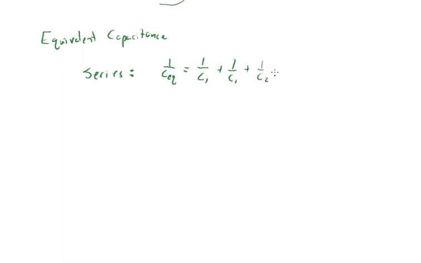And so what this causes is, when you have capacitors in series, like capacitor, capacitor, capacitor, and so forth, however many you have, it causes an overall reduction in capacitance. For resistors in series, it caused an overall increase in resistance because you had to go through all the resistors.